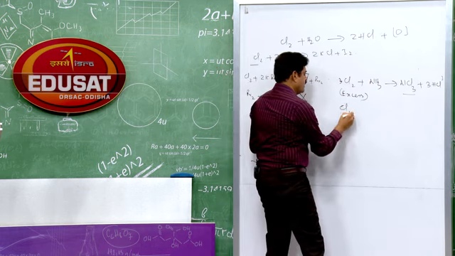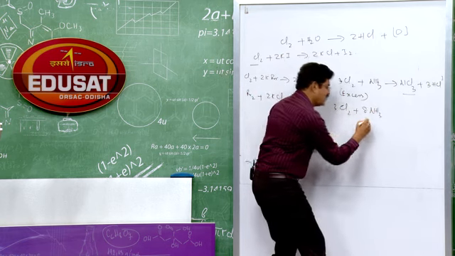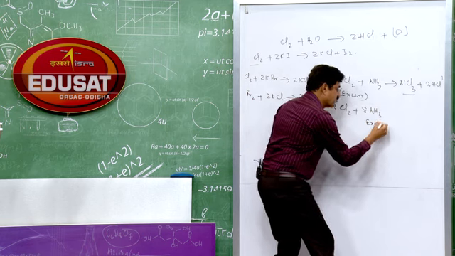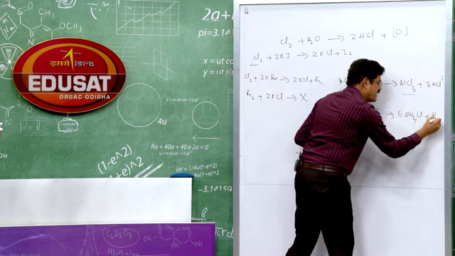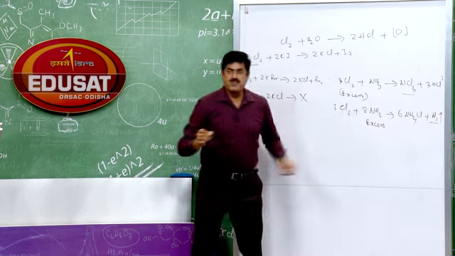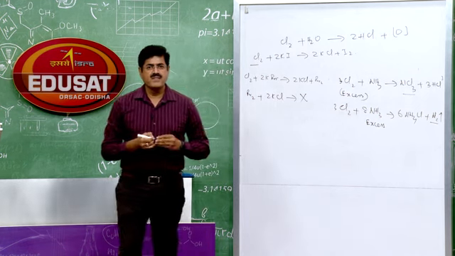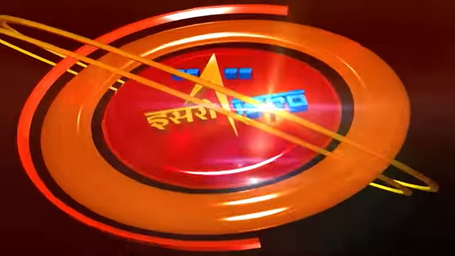But if ammonia is in excess, it gives ammonium chloride and liberates nitrogen gas. Two very important reactions, students. So, this is all about the oxidizing action of chlorine.